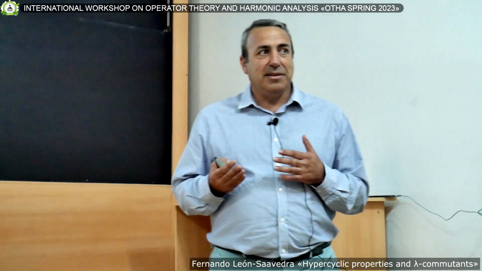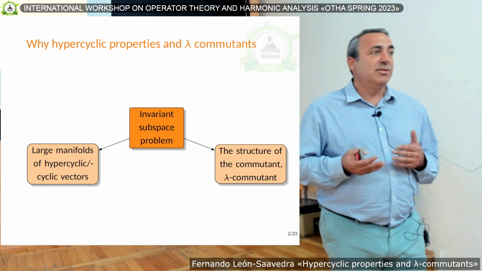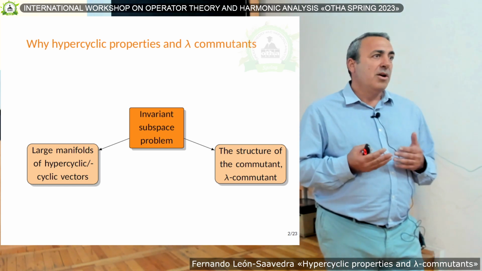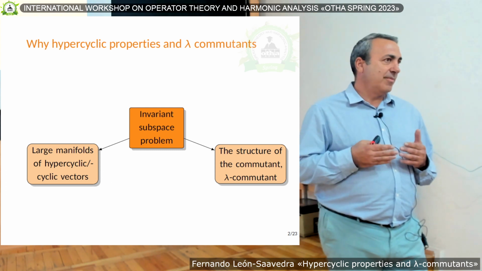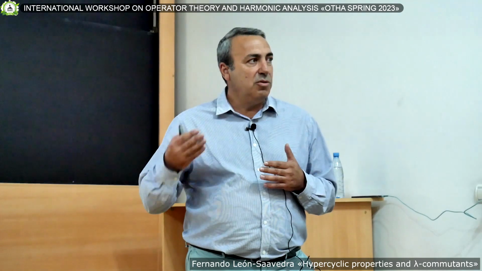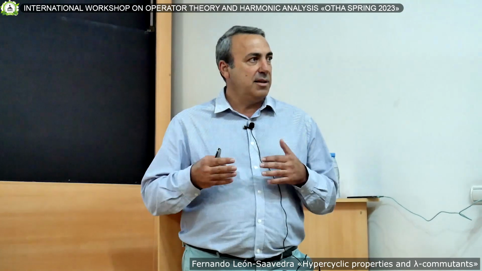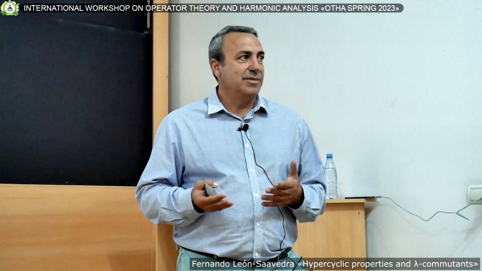On the other hand, lambda commutants are also concerned with the invariant subspace problem, but in the positive sense, because the commutant, lambda commutant, bicommutant, and so on determine the structure of the operators.